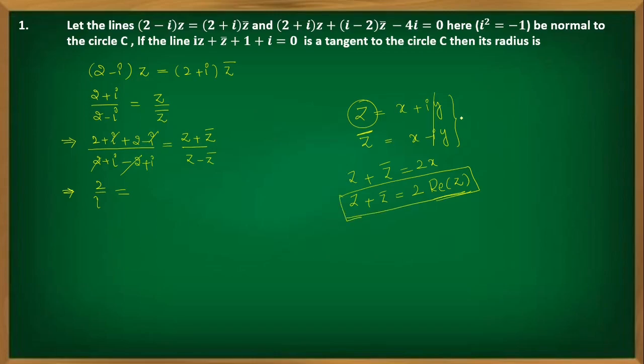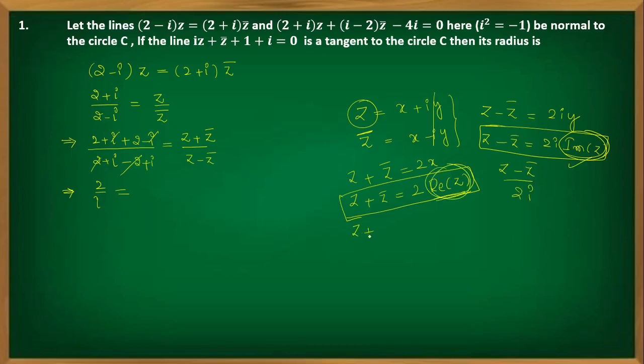Very useful formula. Also, if you subtract, z minus z bar is equal to 2iy, that is, z minus z bar is equal to 2i times the imaginary part of z. Most of the time we use this. Whenever you want the imaginary part of z, we simply write (z minus z bar) by 2i, and if you want the real part of z, we write (z plus z bar) by 2.